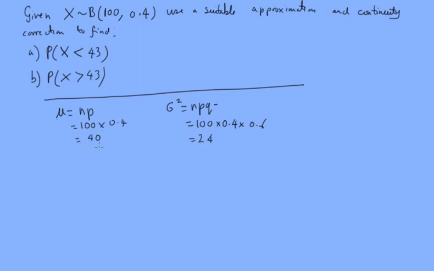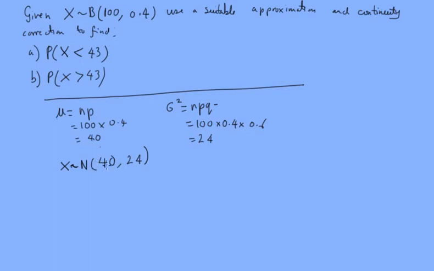So we now know, because np is 40 and nq would be 100 times 0.6, which is 60, they're both much greater than 5, so we can use the normal distribution. So x is approximated to a normal distribution where the mean's 40, variance is 24.